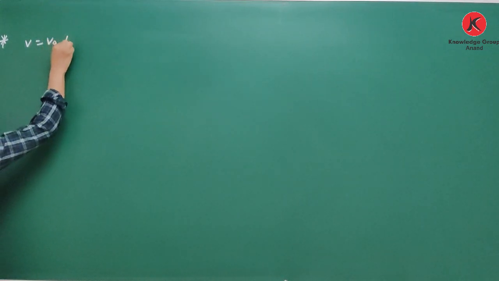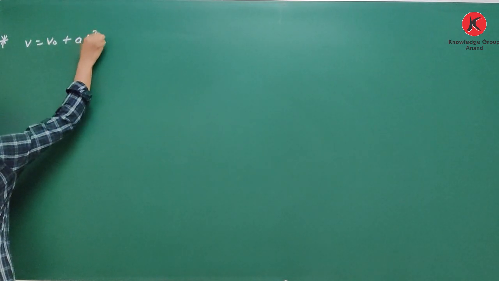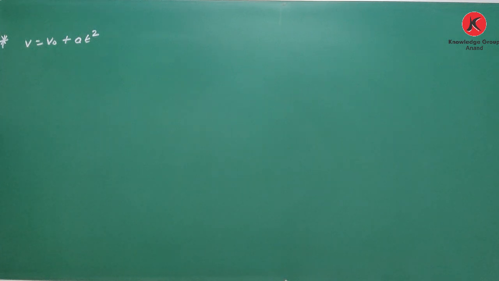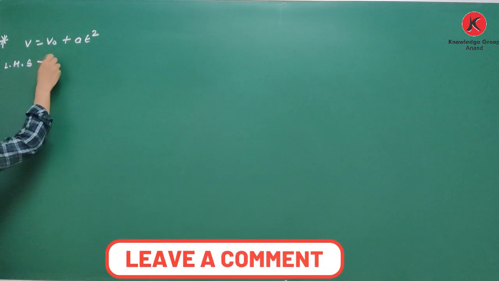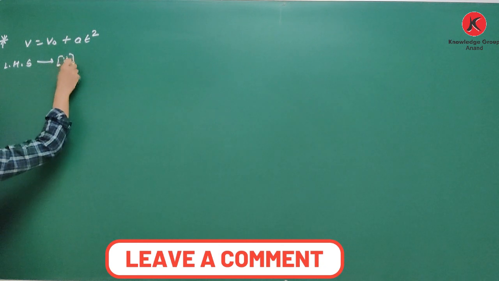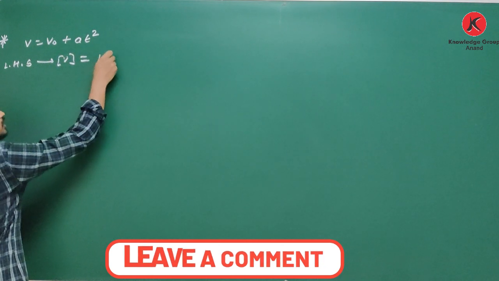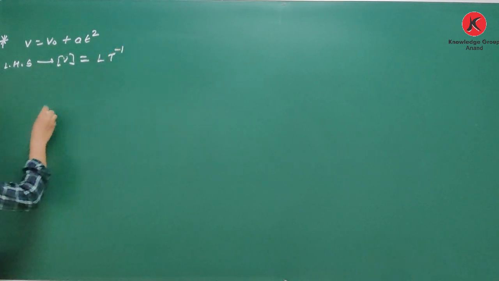Okay, next example. If I have one equation like this, V is equal to V0 plus AT square, then I have to check if this equation is dimensionally correct or not. Left hand side we have V, which means final velocity. So its dimension is L T minus 1.